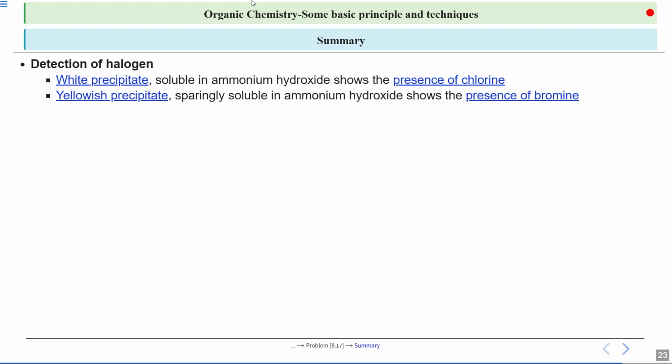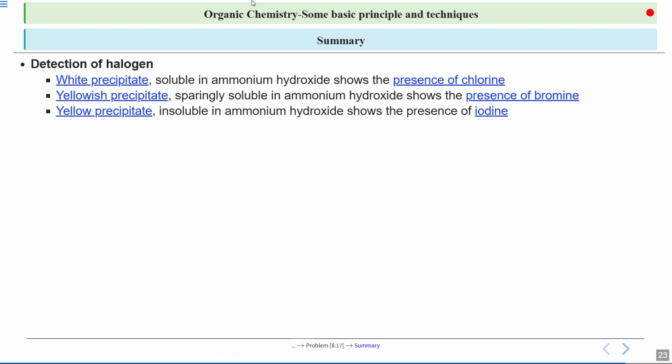If you get a yellow precipitate which is soluble in ammonium hydroxide, you would say there is the presence of bromine. Remember, the given salt is only partially, or sparingly, soluble, not completely soluble. Then we have a yellow precipitate, but this time it is completely insoluble in ammonium hydroxide. In that case, it confirms that we have iodine present in the given organic compound.